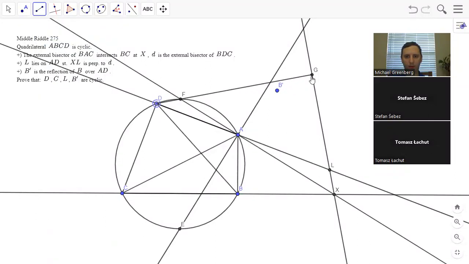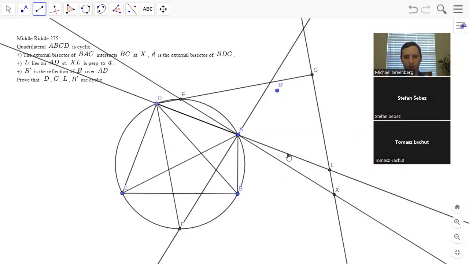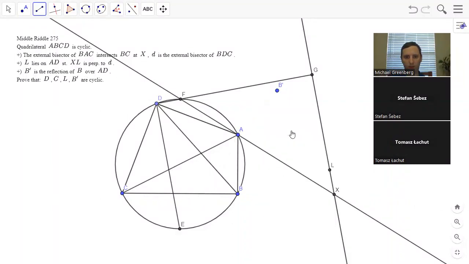So we have all these internal and external bisectors. Hide this, hide that, hide that. So let's see. No, I think E, B, and L. Oh no. What am I doing here?